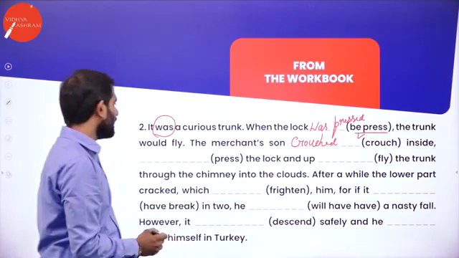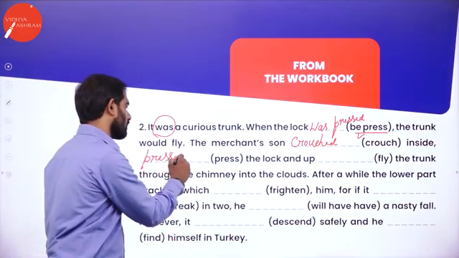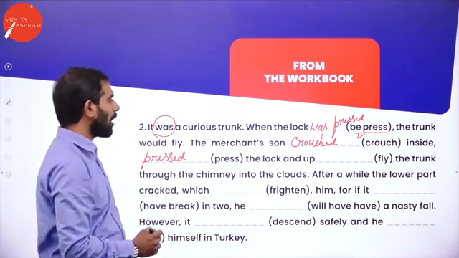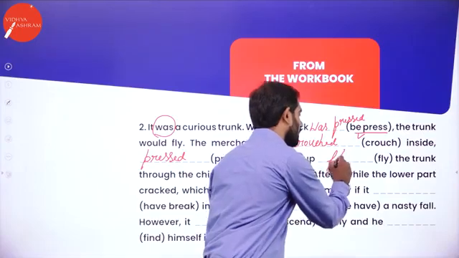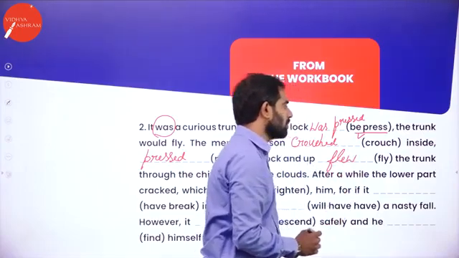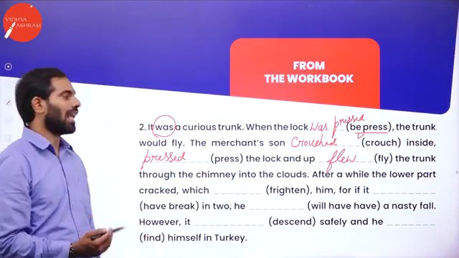Crouched inside, pressed the lock, and up, fly becomes flew. Up flew the trunk and through the chimney into the clouds.